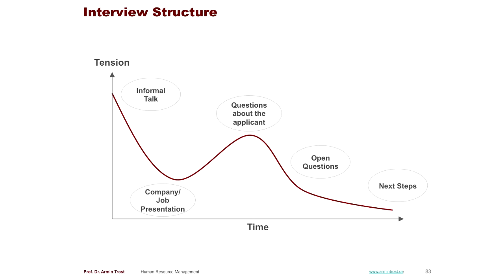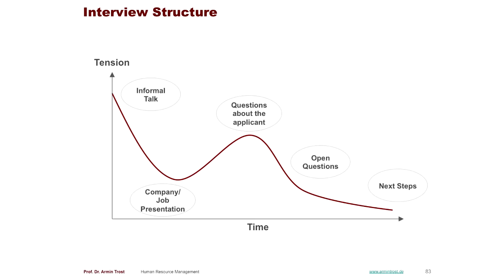Okay, now let's look how this tension changes over the course of an interview. At the beginning, tension is probably high. You are very uncertain. You don't know what will happen in the next 1 or 2 hours. So the very first question in every interview is what? It is, did you find the way well?